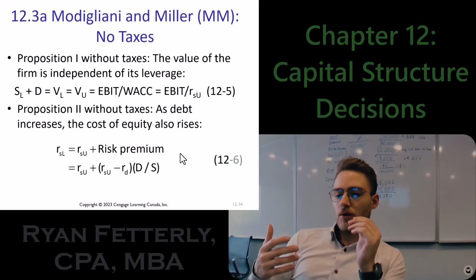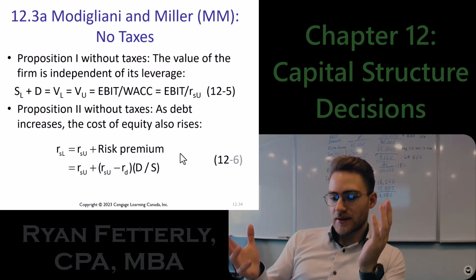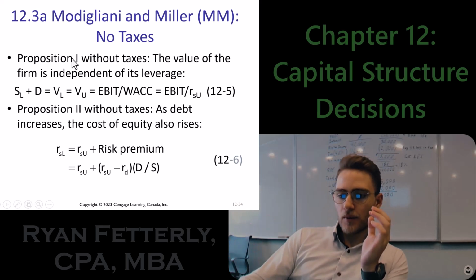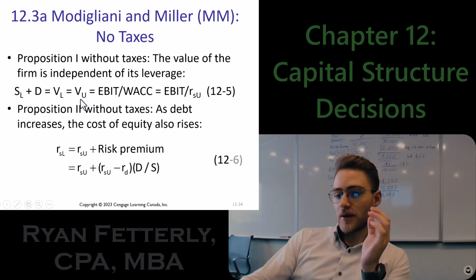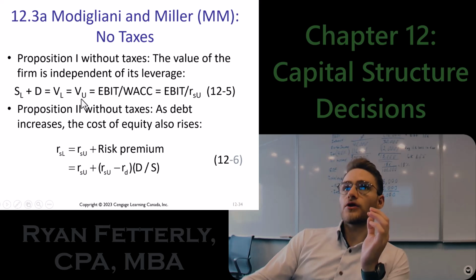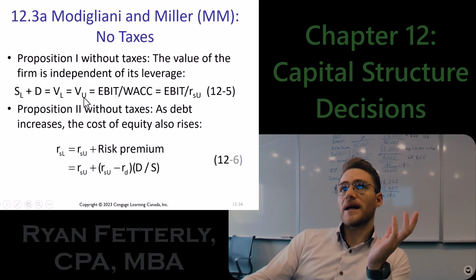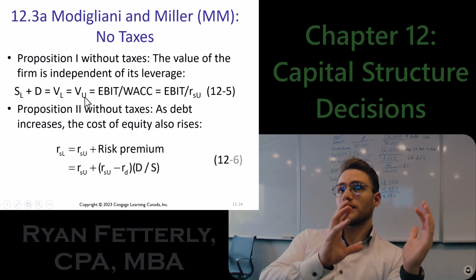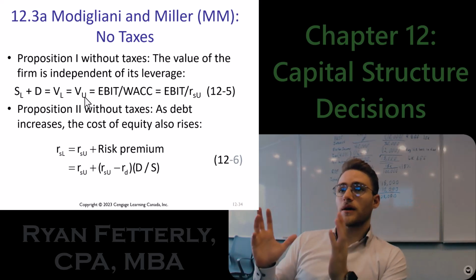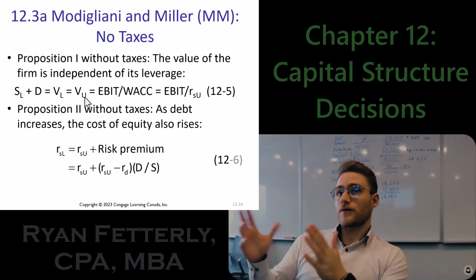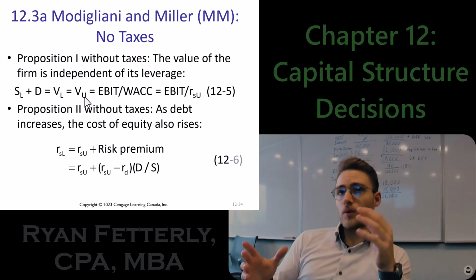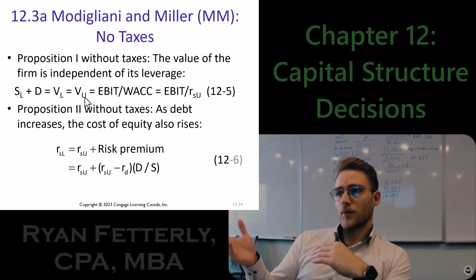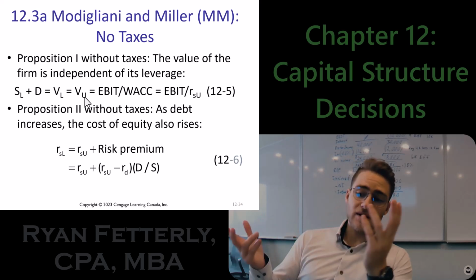With no taxes, the value of a leveraged firm, V_L, would be equal to the value of an unleveraged firm, because there are no tax savings. So there's no difference between the value of a firm that has debt and a firm that has no debt. It's just that one firm pays out more interest, whereas the other pays less interest and more dividends.